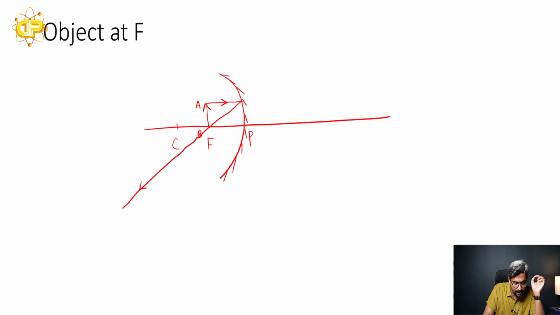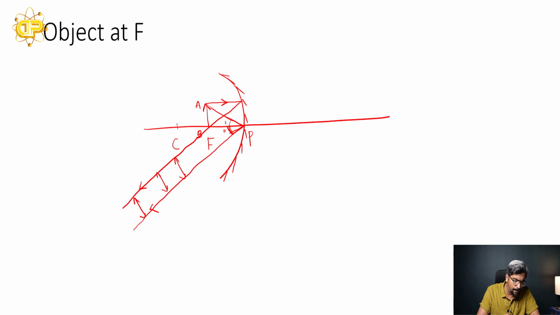The reflected ray is moving like this. Next case, I am just drawing straight to the pole. So this is I, so angle I is equal to angle R. So we got two rays there, and closely observe that these two rays are equidistant from each other.